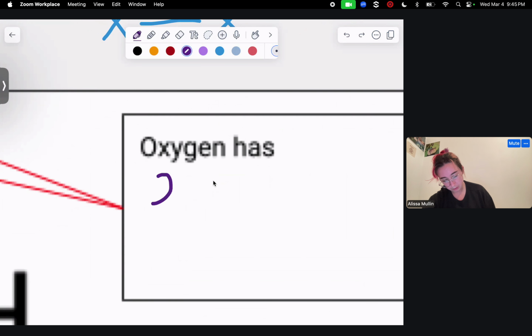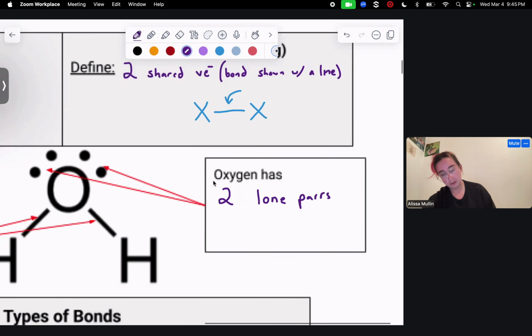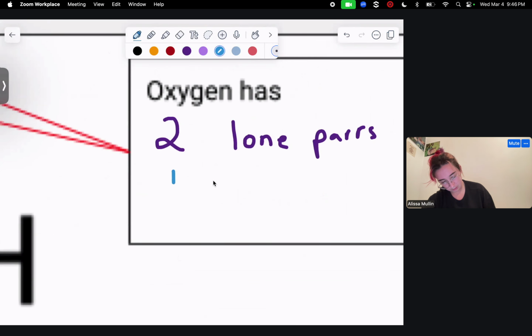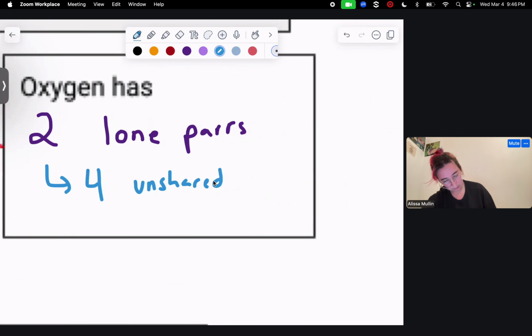There's two lone pairs attached to oxygen. Okay? Two lone pairs, two pairs, which is the same thing as 4 unshared electrons.